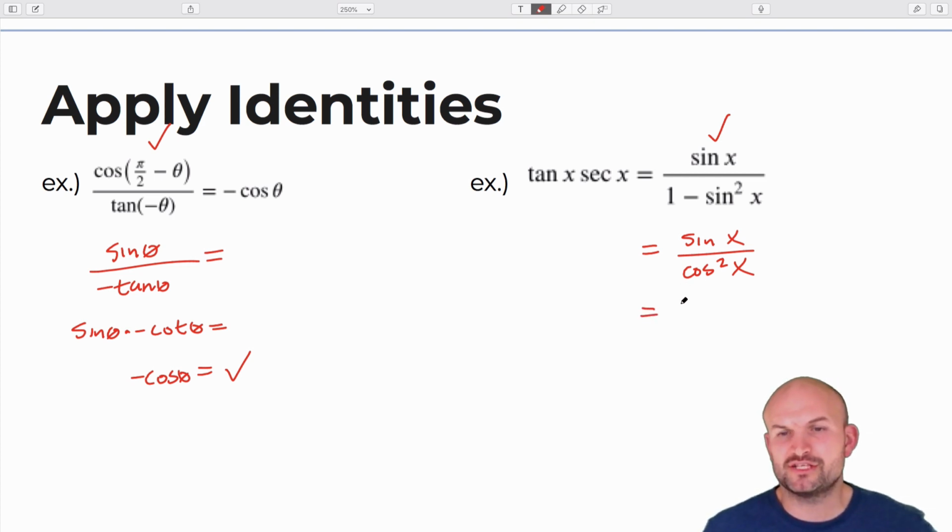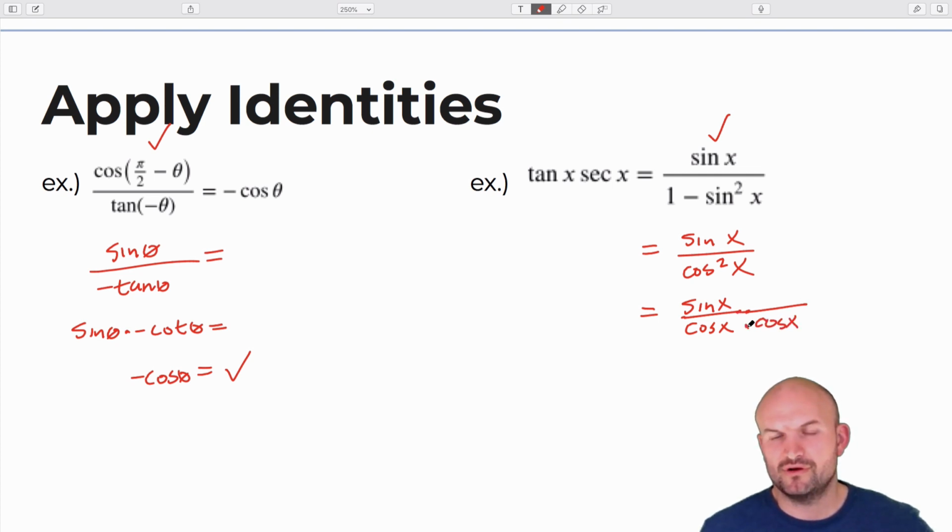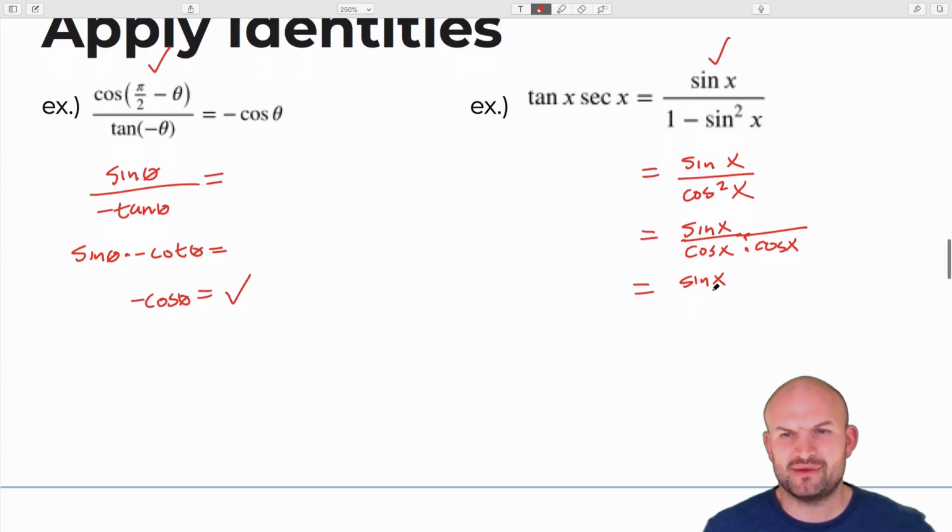And then really all I need to do is group this a little bit differently. So I can just put 1 over cosine of x times here. And then I could rewrite this as cosine of x over there, right? Because cosine of x times cosine of x is cosine squared of x. And now I could group these. This was always confusing. I can imagine this would be confusing to me. Like, why are you doing that? How are you allowed to do that?